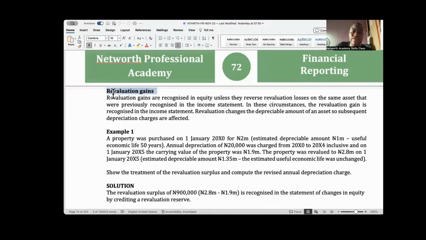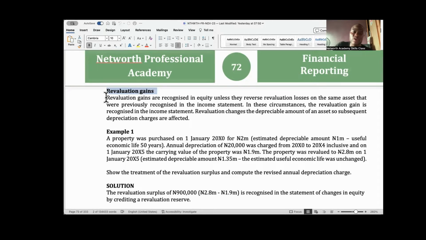A revaluation gain can only occur when the carrying amount of the asset is lower than its fair value or its revalued amount, or when the revalued amount is higher than the carrying amount of that asset. Then you would have a gain on revaluation.